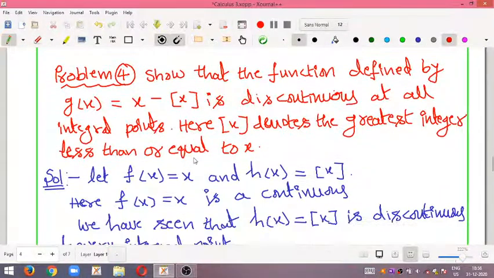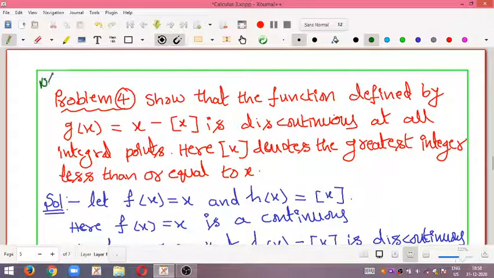That is the fourth problem. See here, this is an NCERT most important question, and also most important for competitive level exams.